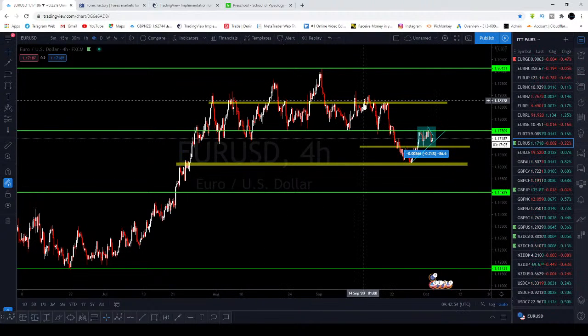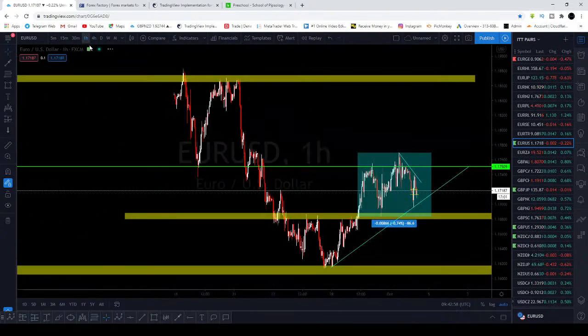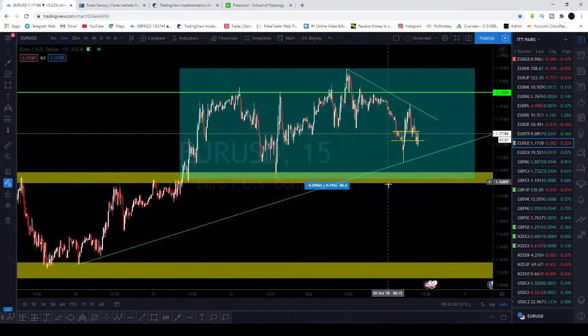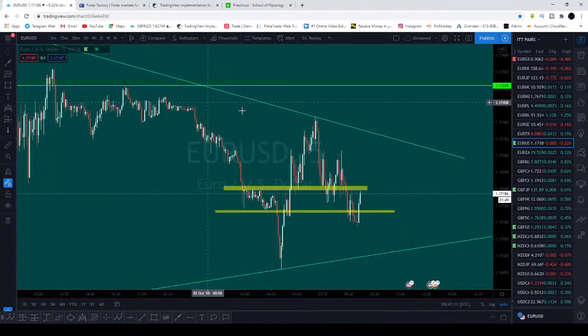You know that in a downtrending market, support turns into resistance, right? We'll see what is going to happen when the New York session comes, because NFP is during the New York session.